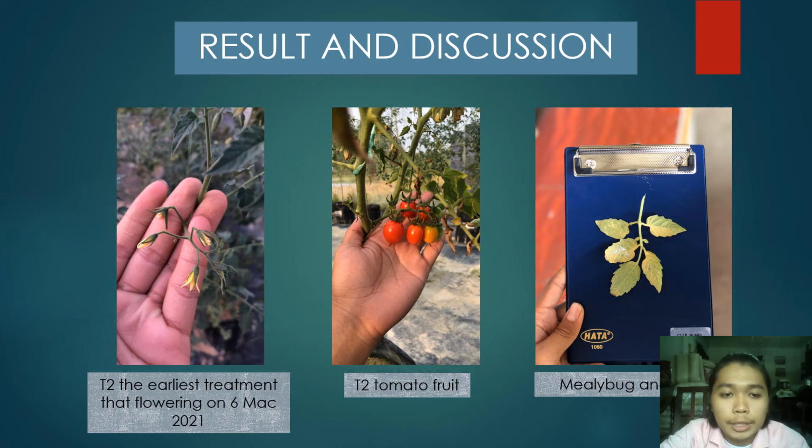From the first picture, we know T2 is the earliest treatment that flowered, on 6 March 2021, and the second picture is my tomato fruit for treatment 2, and the last picture is the disease that attacked my tomato plant, which is mealybug and thrips.